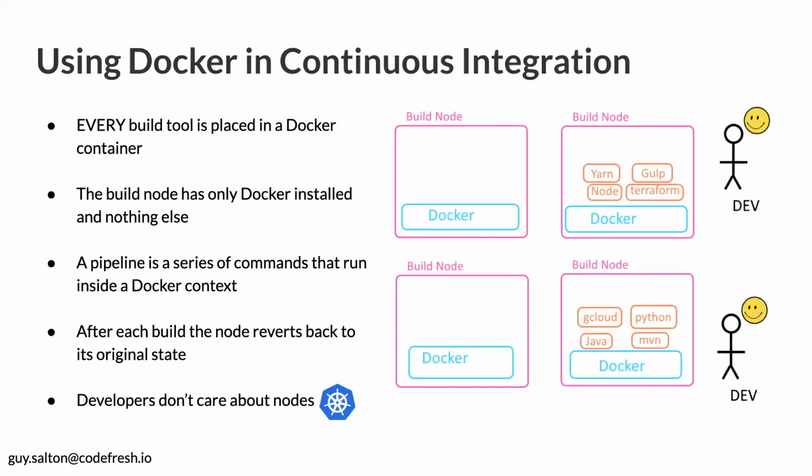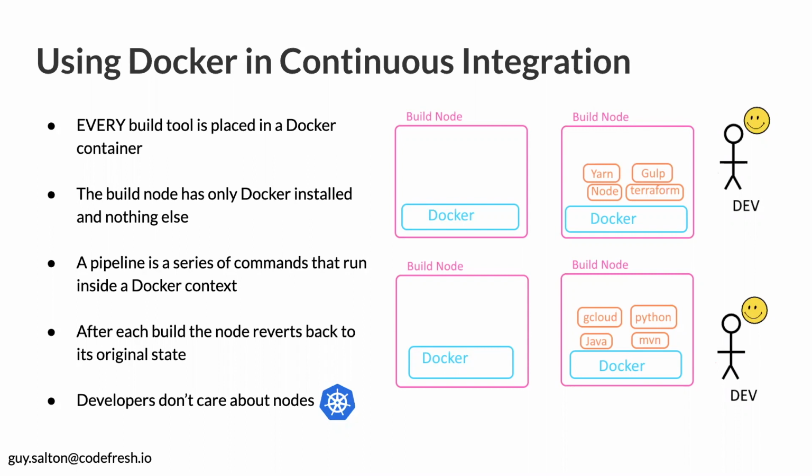And if we go even deeper to understand how the flow will work, Docker is pre-installed on the node, and again, all of the nodes are the same. And every pipeline will simply bring its own tools that are packed inside a Docker image.